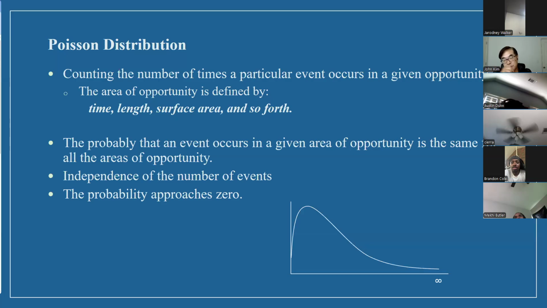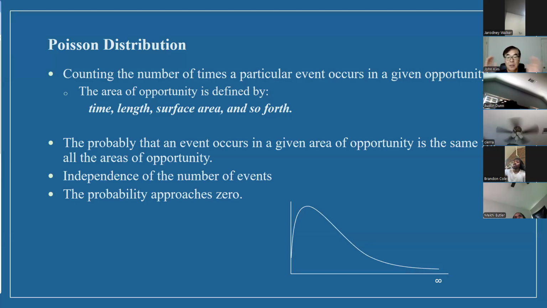in a certain time. And length, like from here to 1 mile, how many traffic lights we can count. Surface area: on a certain surface, when we paint, maybe we can find a bubble or some defect, and we can count how many.